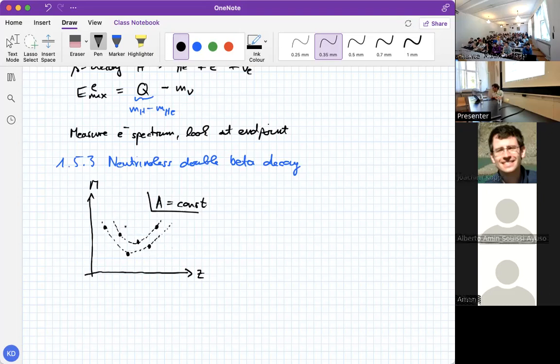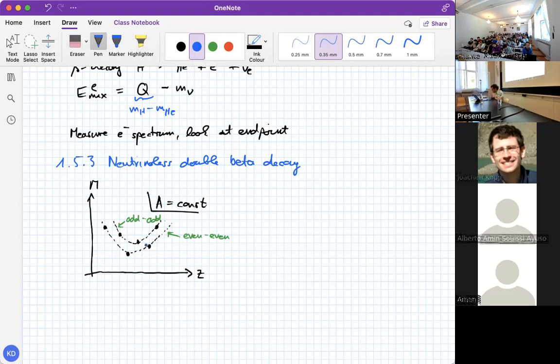The upper ones are the odd ones, the lower ones are the even ones. So this is odd, meaning odd neutron number, odd proton number. And the ones here at the bottom are the even ones. So they have a lower mass, which means higher binding energy. Now, in nuclear beta decay, you move here along the Z axis. A nuclear beta decay leaves A constant, but it converts neutrons into protons.